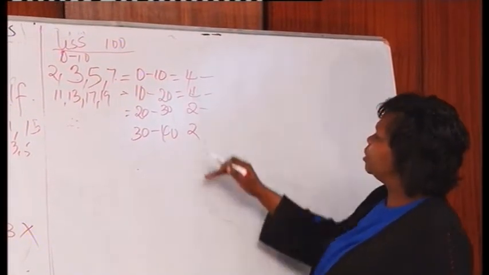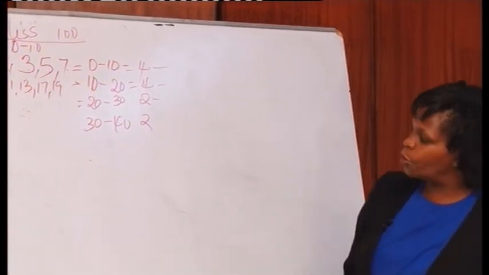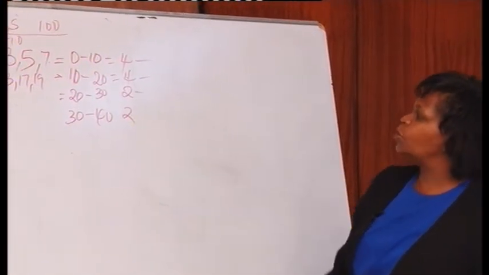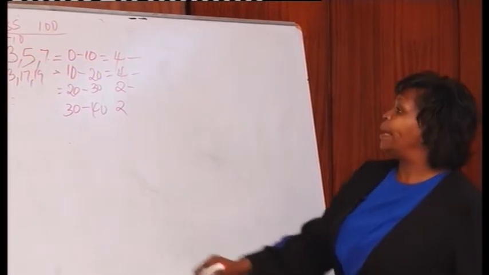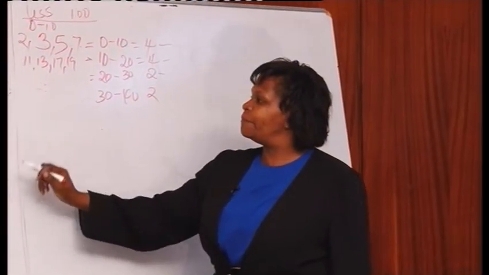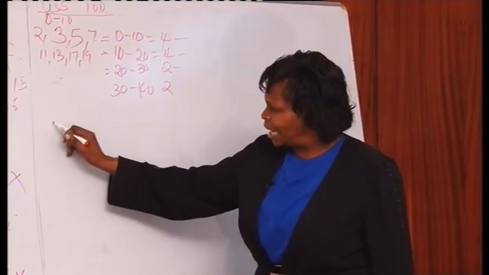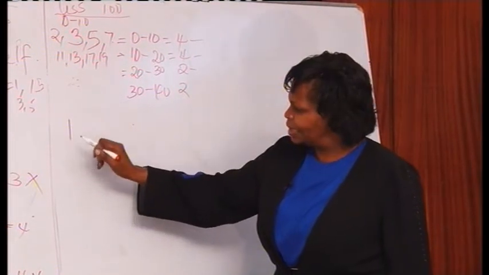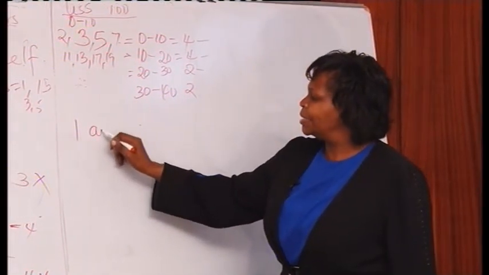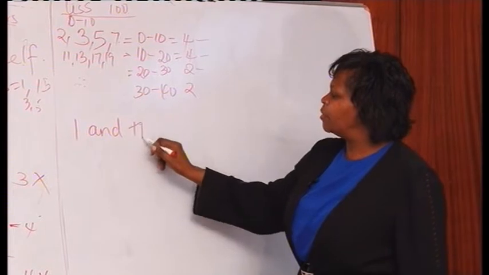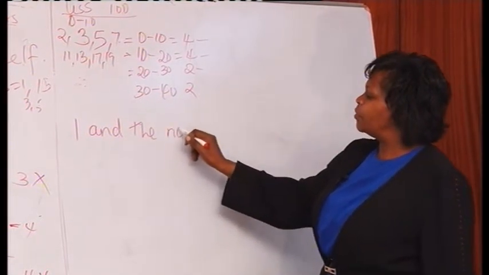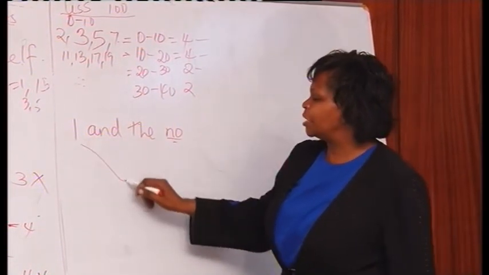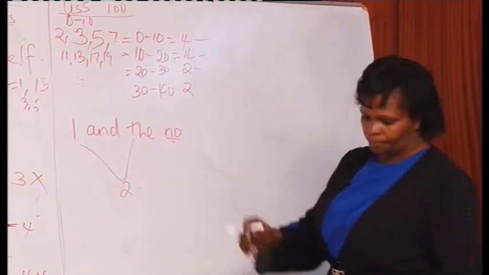So if we continue like this, you'll find out what the prime numbers are. Remember that prime numbers are those that have only 1 and the number itself as factors. So the factors should only be 2.